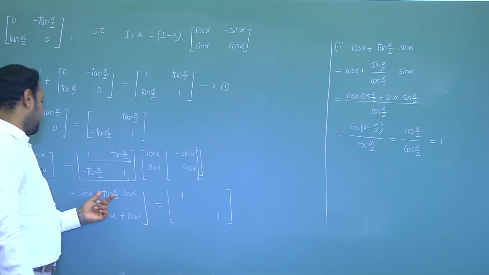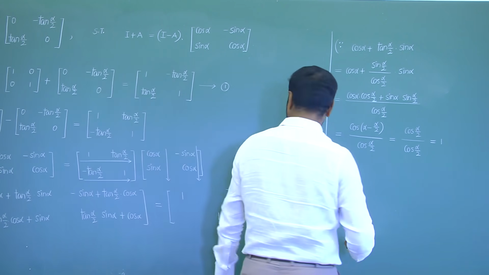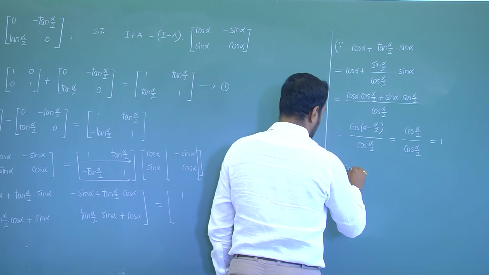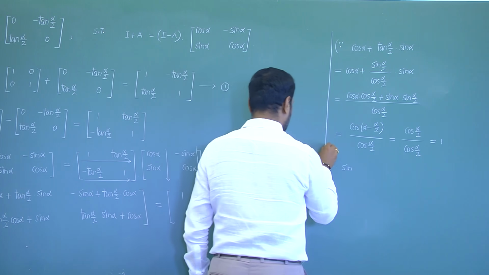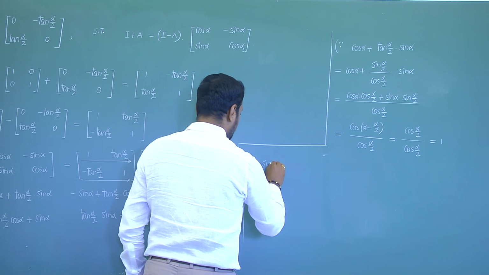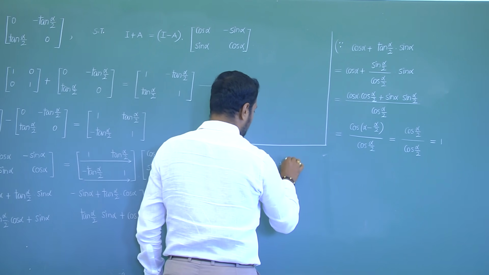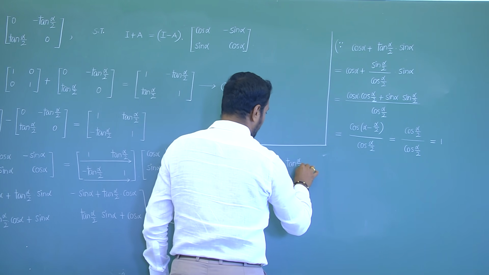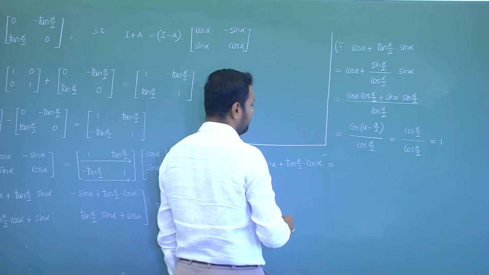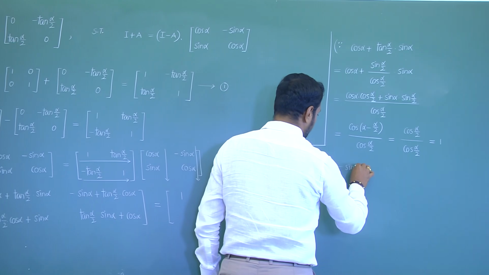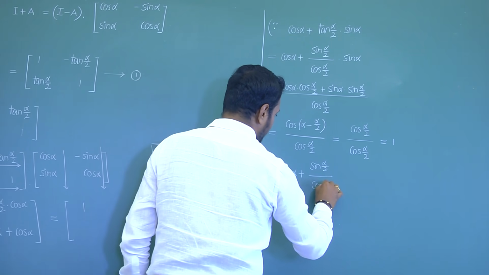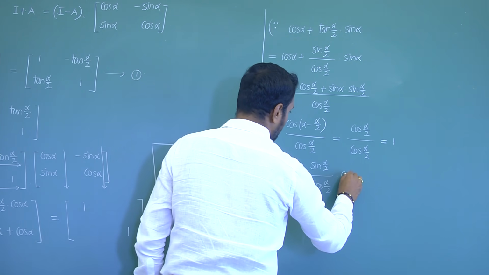Then I am taking the first row second column element. It is minus sin alpha plus tan alpha by 2 into cos alpha, which if you simplify is minus sin alpha plus sin alpha by 2 by cos alpha by 2 into cos alpha.